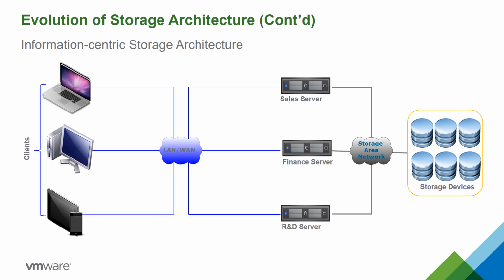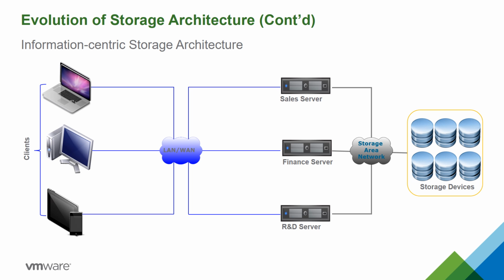So how does a storage device on a storage area network help you achieve this high availability, which was a big concern in the server-centric approach? These storage devices are primarily designed for availability, with every single component being redundant, right from the CPU, memory, network to the storage devices themselves.